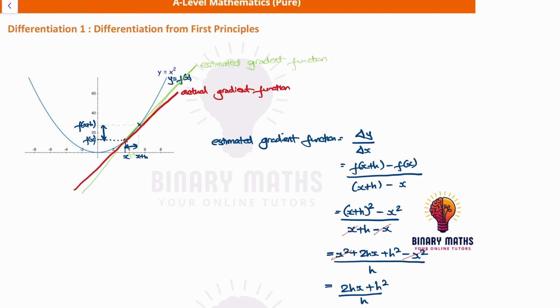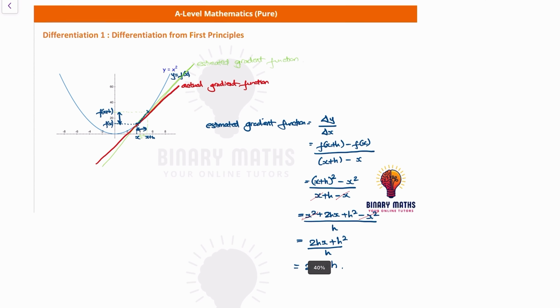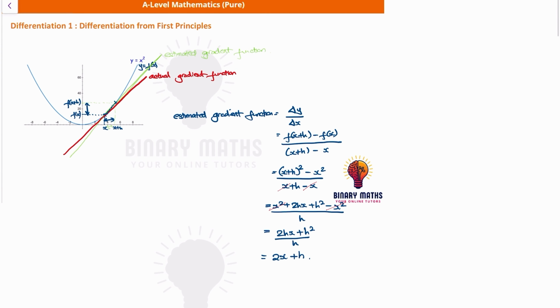Now if we make this h get closer and closer to the first coordinate, then our estimated gradient function will get closer and closer to our actual gradient function. So what we need to do is make sure this gap, h, is the smallest, so make it get closer and closer to 0.